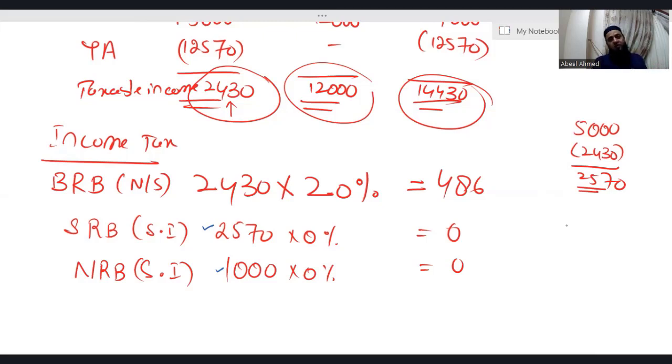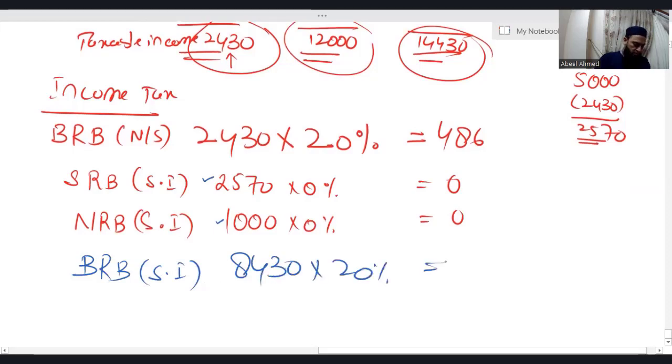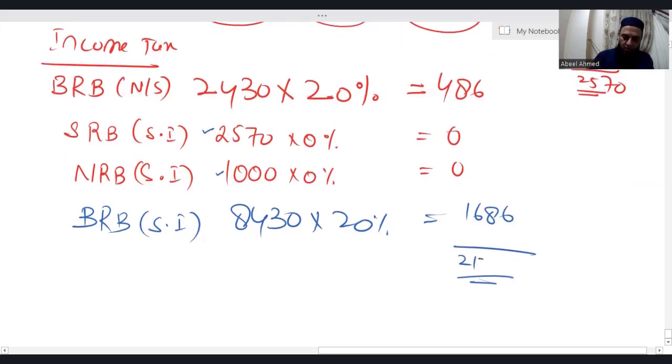So I still have 8430 that obviously falls in basic rate band. 8430 at 20% is 1686. So your income tax liability is 2,172. This is your income tax liability.